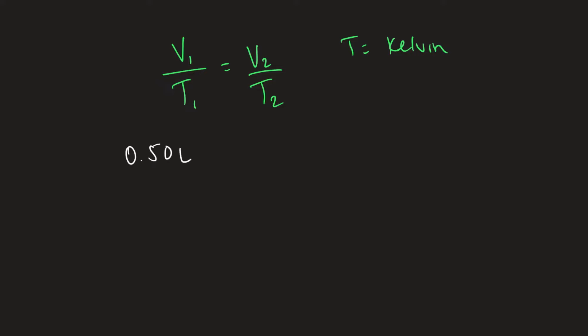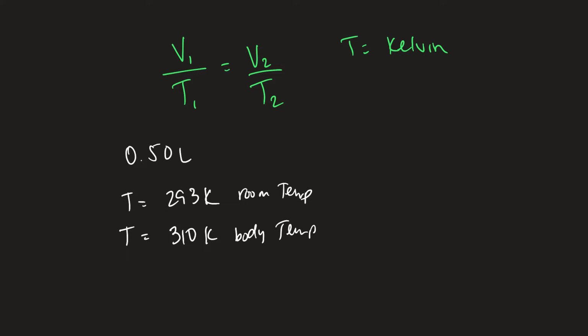Now, if the air is warmed from room temperature, which is roughly 293 Kelvin, to body temperature, which is roughly 310 Kelvin, while in the lungs, what is the volume of the air that's being exhaled?